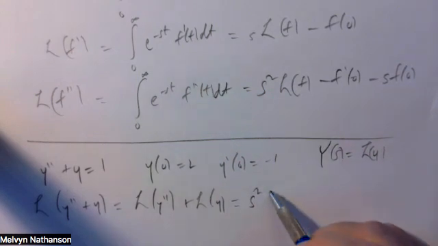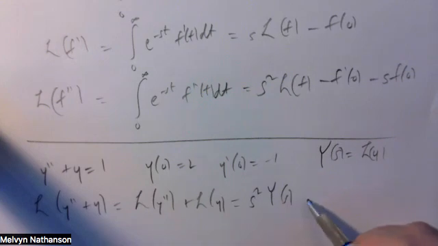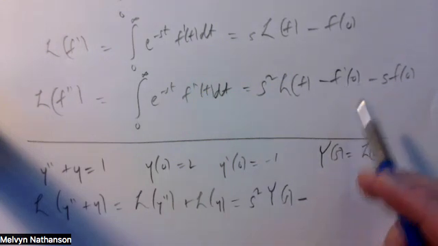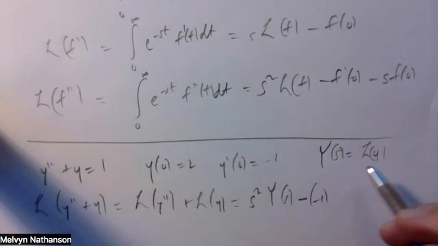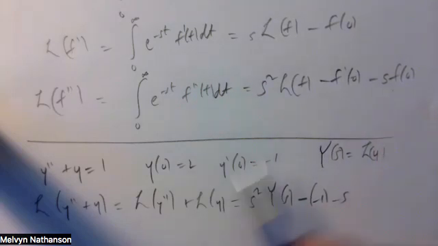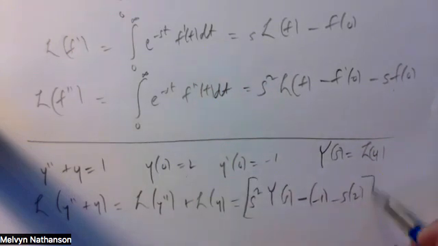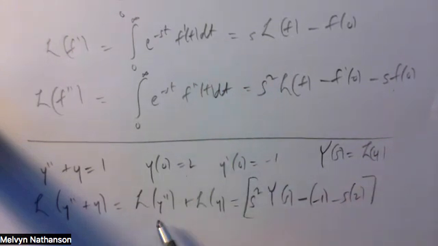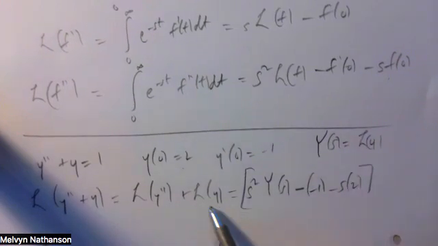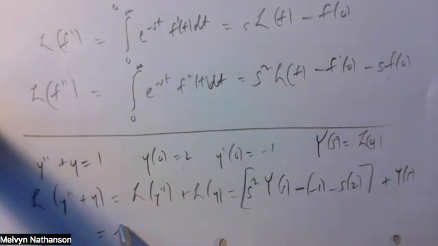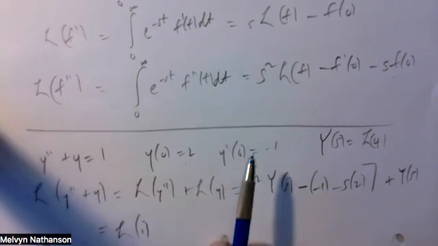This is s squared capital Y of s minus the value of the derivative at 0, which is minus 1, minus s times the value of the function at 0, which is 2, plus Y of s. And this is equal to the Laplace transform of 1.